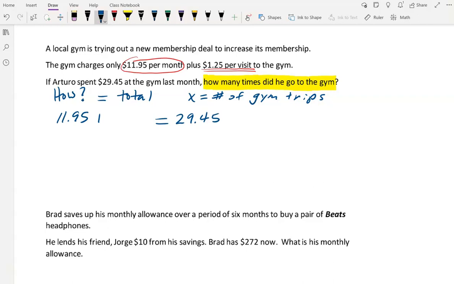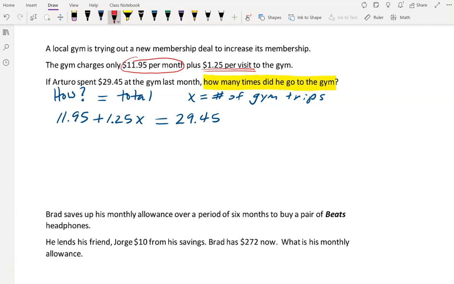In addition to that, plus he spent $1.25 per visit, or for every visit, or we could say multiply by the number of visits he made to the gym. So that would be $1.25 times x. X is the number of gym trips. Now we have written our equation using the how and total method, and now we can begin to solve that equation. So let's take a look at that.